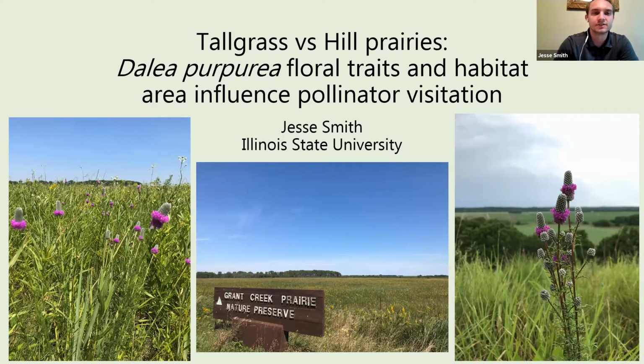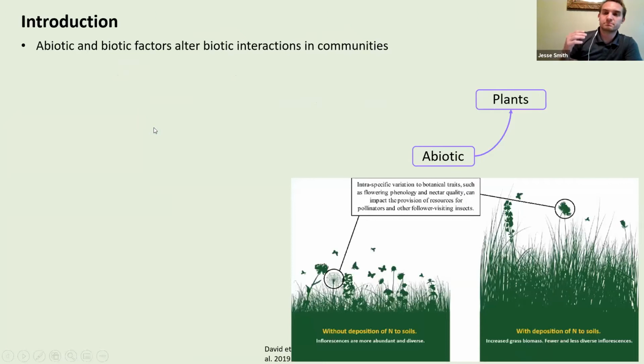All right, so I'm going to give you a quick background as to why maybe the tall grass or the hill prairies could be different. Between tall grass and hill prairies, they have different soil makeup and nutrient amounts. Just based on the abiotic components in the environment, we know that plants can grow differently.